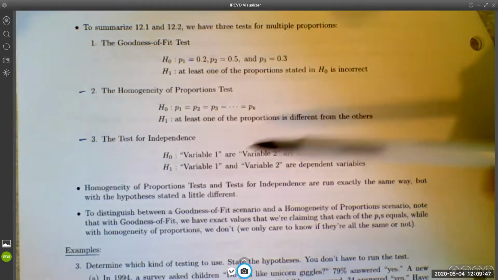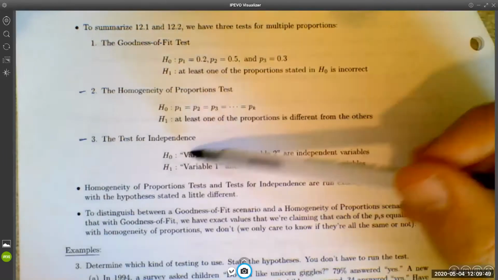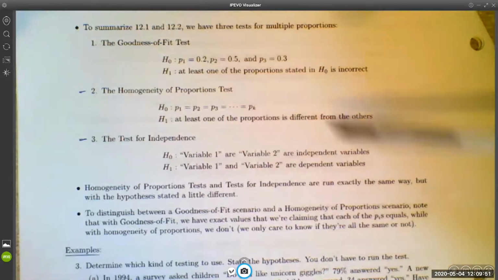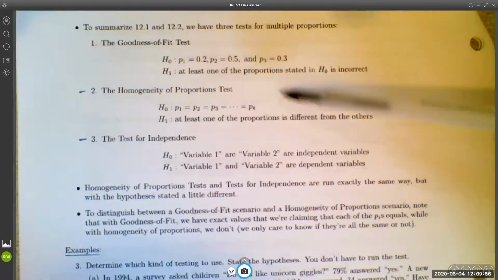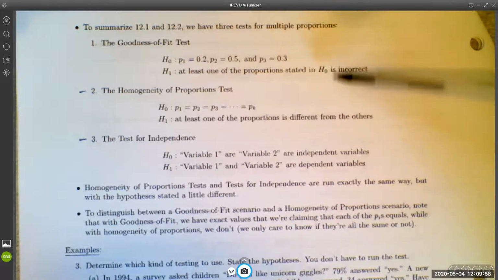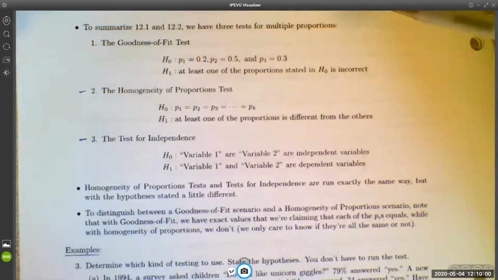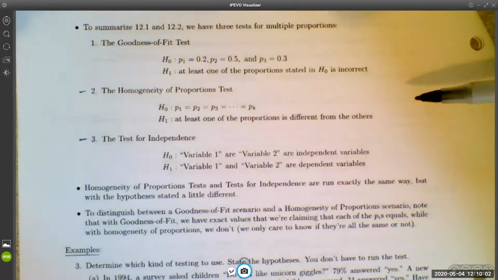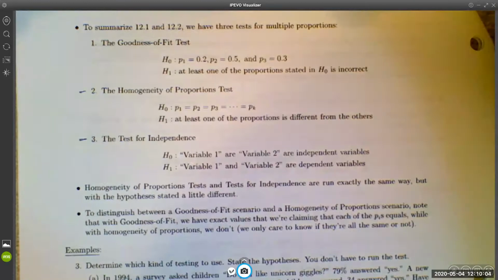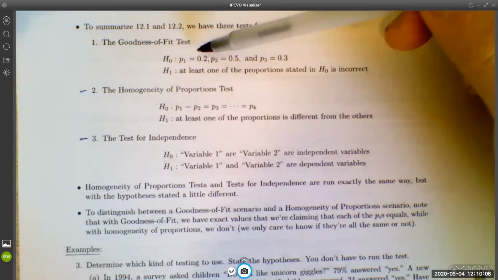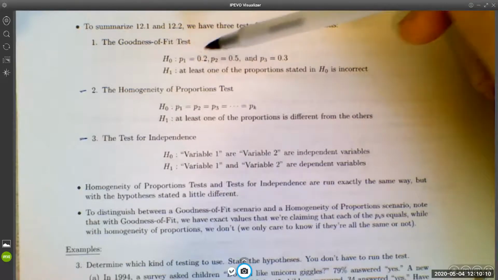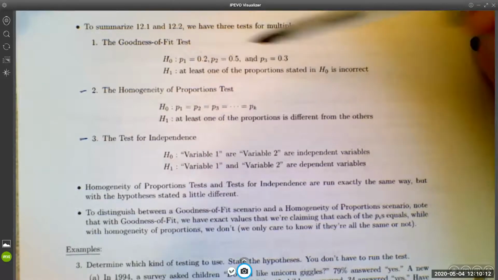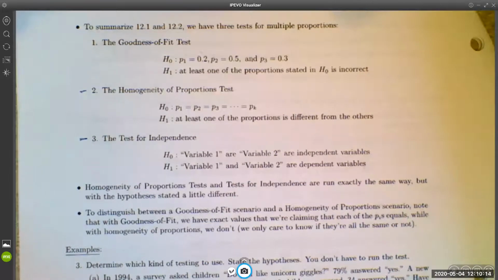I think the test for independence is pretty clear how it's different from the others. But if you look at goodness of fit versus homogeneity of proportions, this is where students sometimes have trouble distinguishing between the 2 tests. I think the biggest difference is that in the goodness of fit test, you have an actual number, so you can say p1 is equal to that number, p2 is equal to some other number, p3 is equal to some third number, right?